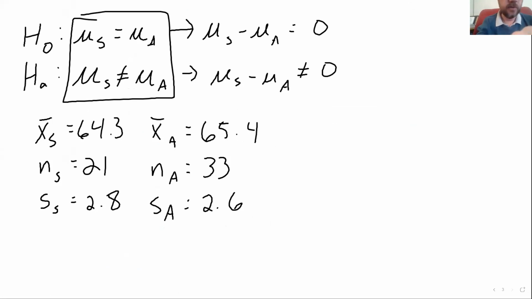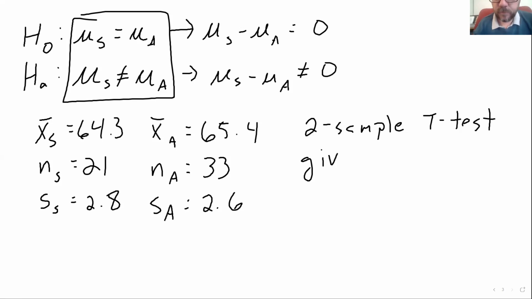So erase that stuff. Sorry, let me get this right. Two-sample t-test gives p about equal to 0.156. So don't reject the null hypothesis.